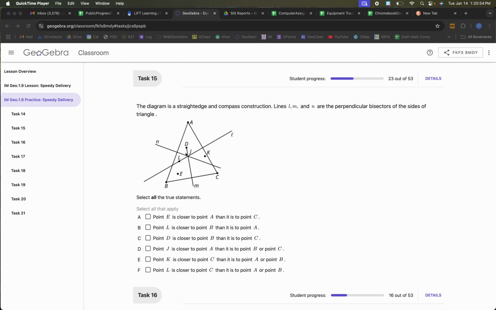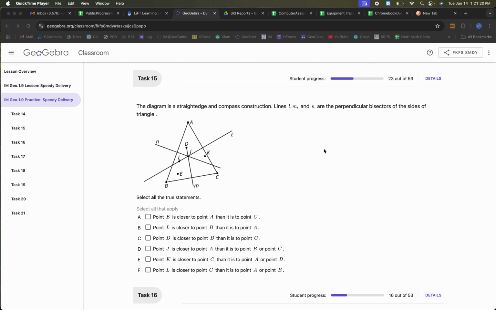And line N right here splits A and B perfectly in half. It's the perpendicular bisector of AB. And this looks like a ray from D out this way, ray M. This is the perpendicular bisector of segment BC, cutting that one perfectly in half.